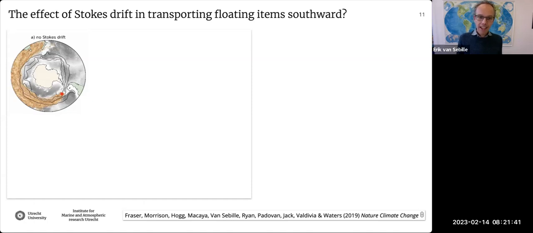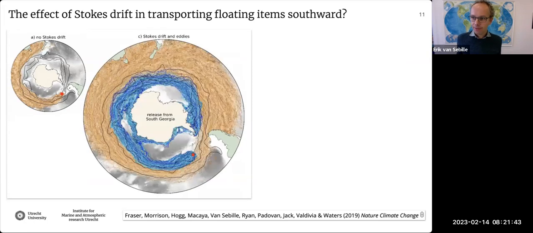It was only when she added Stokes drift that up to 1% or so of all the particles did end up, so those are the blue lines over here, on the Antarctic continent. So really, when you have the ocean model and Stokes drift, then you have enough southward transport for those particles to end up close to the continent.